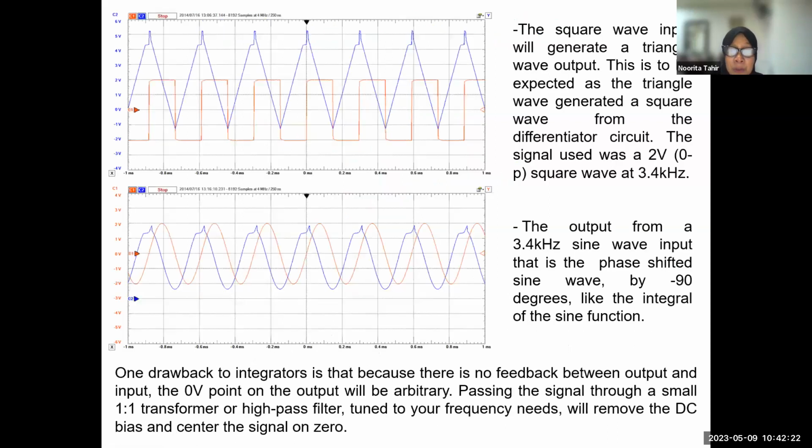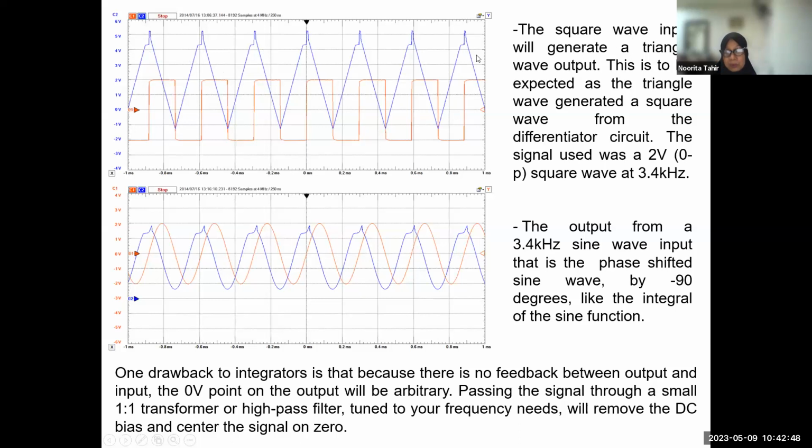If we go to the scope and look at what happened, remember the red color is the input and the blue color is the output. If we have a square waveform, the square wave input will generate a triangle output here. That's how it will look in the scope.